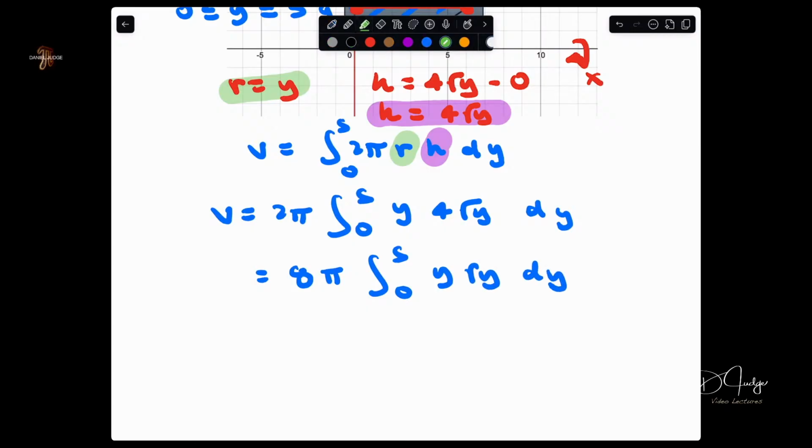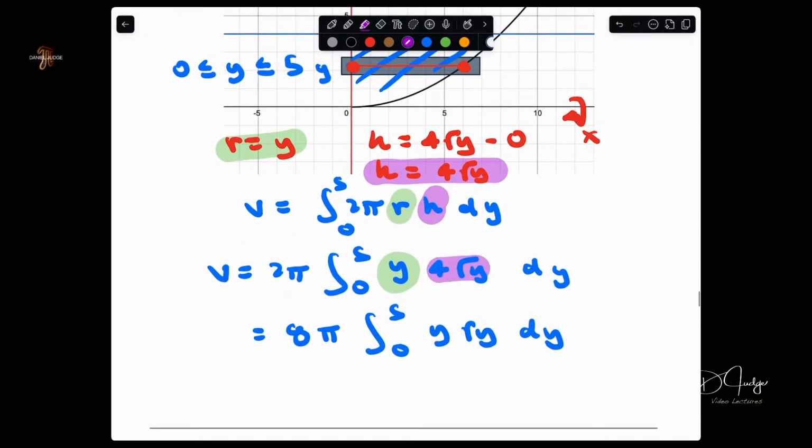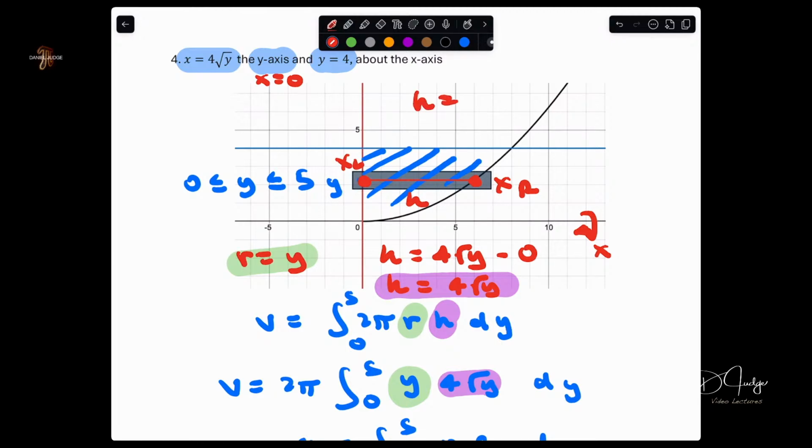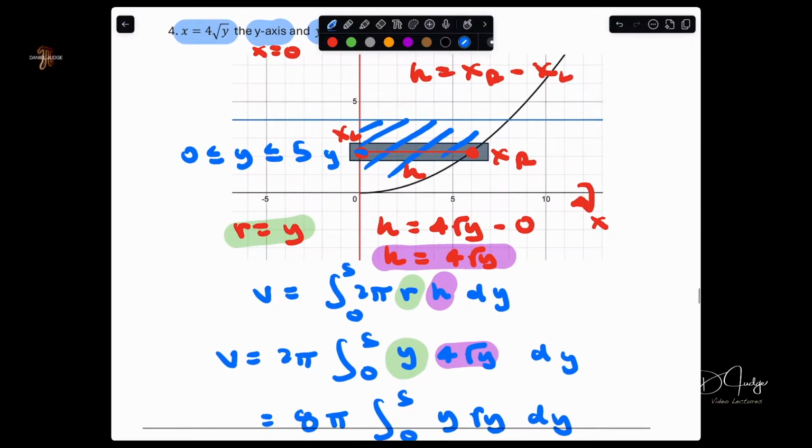So if you kind of lost track, let's go back and give it some color so we can see everything. This is what we're looking for. Remember, this is the height here. That length, it's the x right minus x left. For any y, y is between 0 and 5.